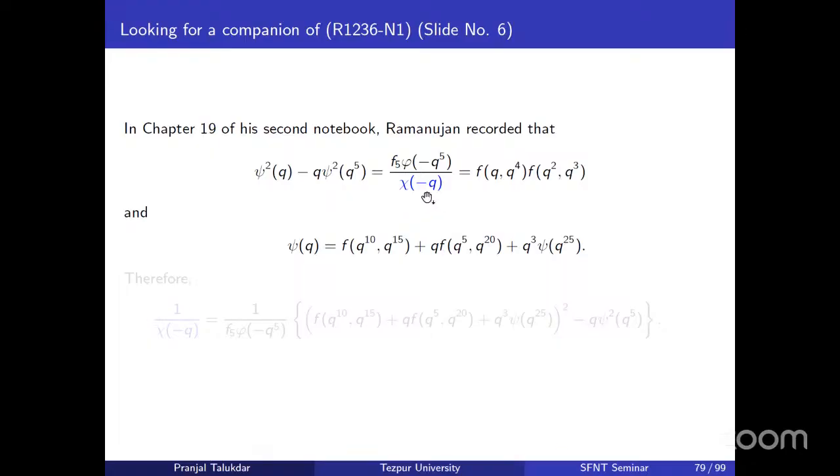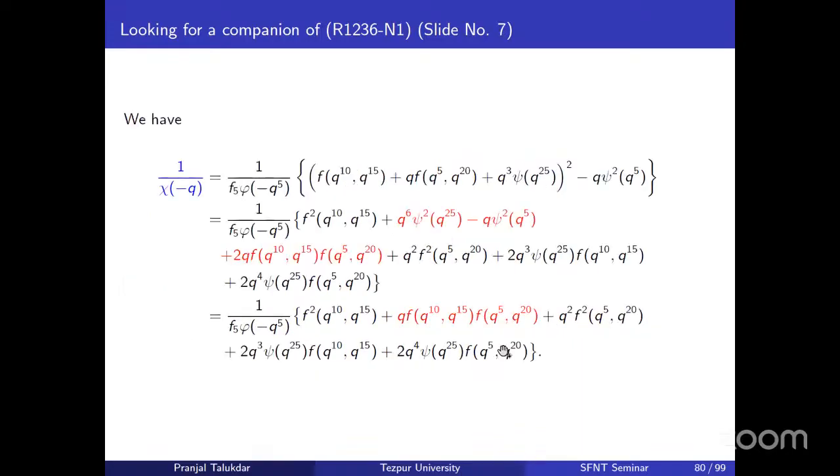Using this relation and the five dissections of psi of q, since we wish to find the five dissections of 1 by chi of minus q, this is a power series of q to the power 5, this is a power series of q to the power 5, and this is also a power series of q to the power 5. So we plug in these five dissections of psi q, and then we do the necessary simplifications.